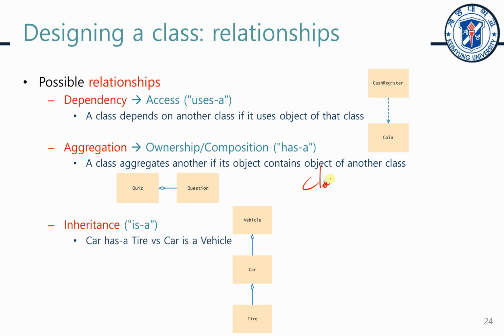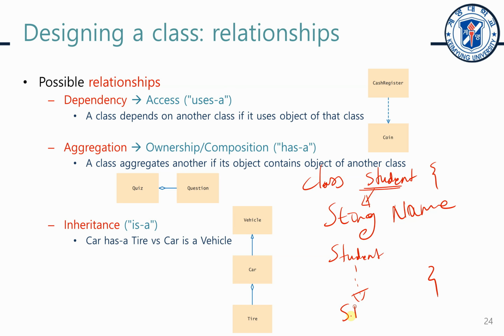Or when you declare class student, and then here maybe you will have string name. In this case, actually the student class uses an object of a string. So we can write this as student uses string. So the student class depends on the string object.